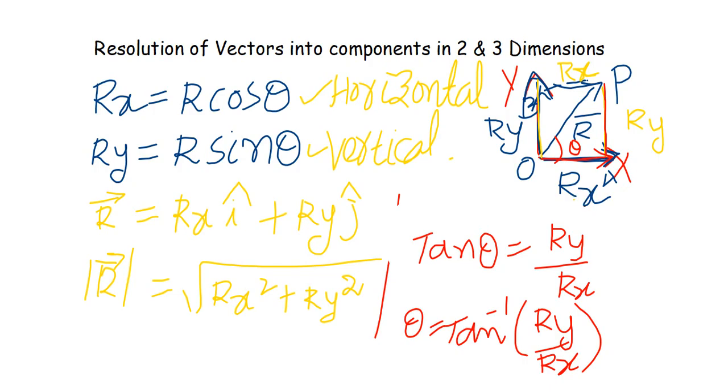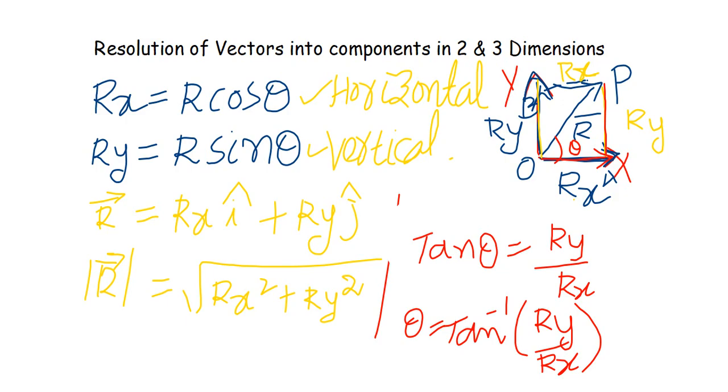Next, in vertical components, that means in y direction, the vector is resolved as Ry. Ry is nothing but r sine theta. OB is parallel to AP. So that is Ry. So the resultant vector r bar can be written as rx i cap plus ry j cap.